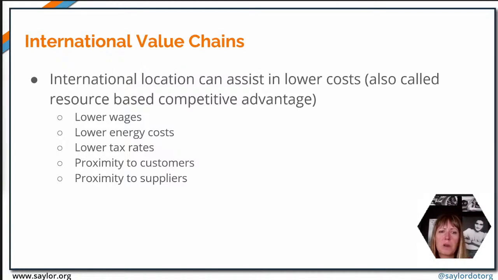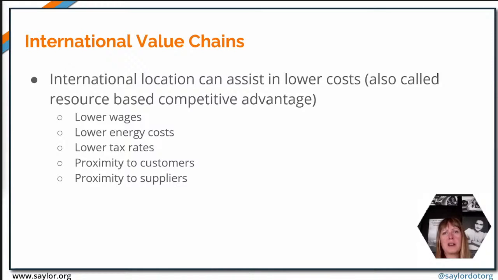The other thing is proximity to customers. When you think about the cost of having to ship goods, for example, from one country to another, there are taxes, there are other things that we have to deal with there. So we may find that, hey, if we can locate actually closer to our customers, we save a lot of money on shipping costs. The same goes with suppliers.